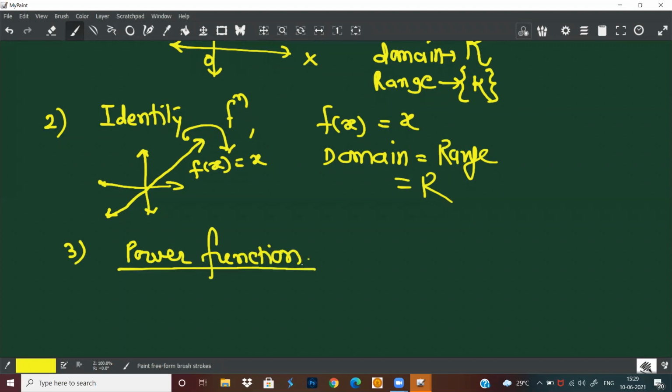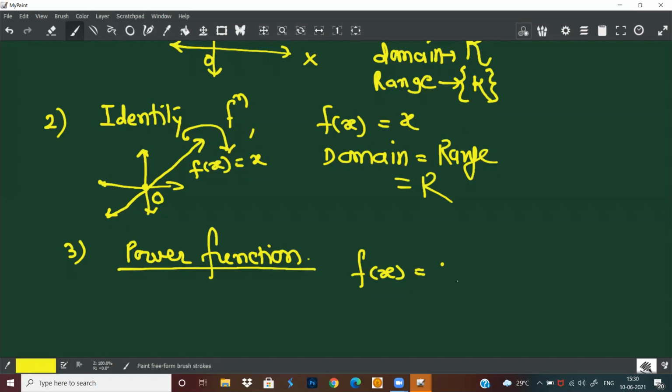Power function. Yes, the line is passing through the origin, I showed now. Correct? Y equal to x, that is a line. Correct?